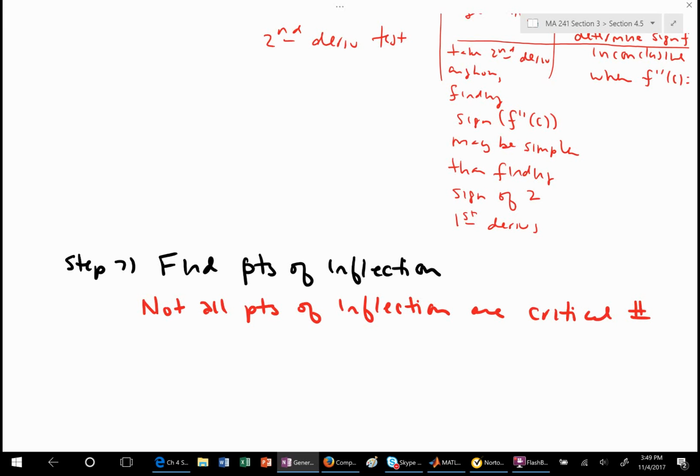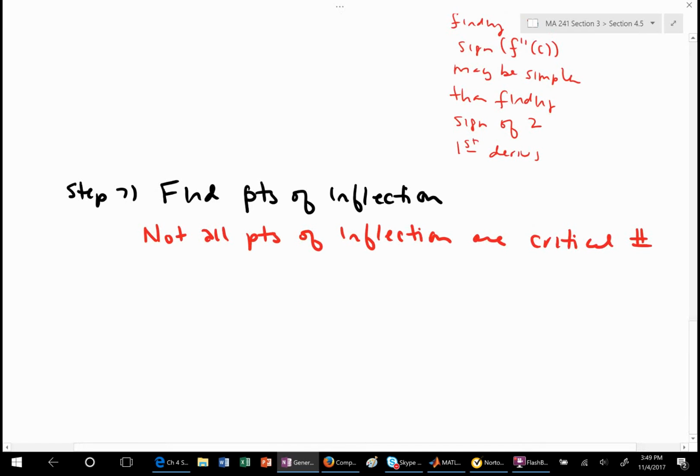A lot depends on how the curvature changed. For example, if the function is very, very flat at a critical number, this is an example of a point of inflection that's also a critical number. And we've actually seen these.